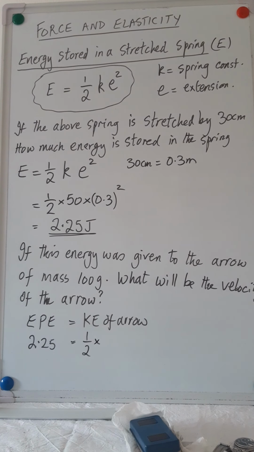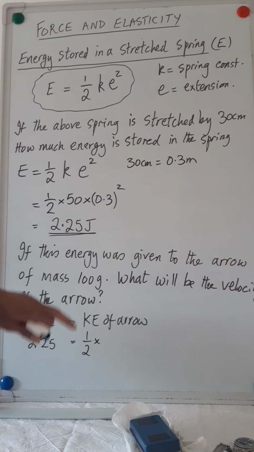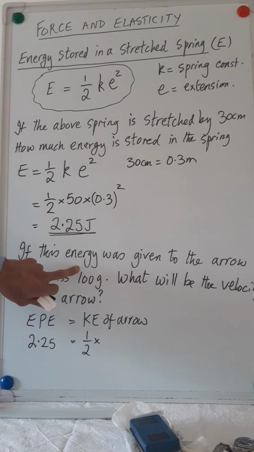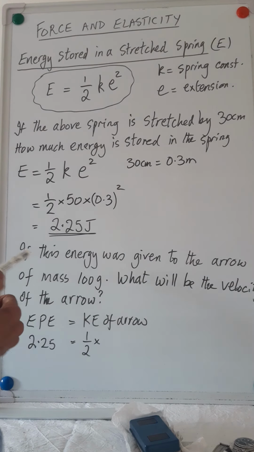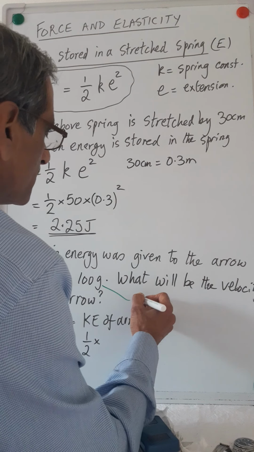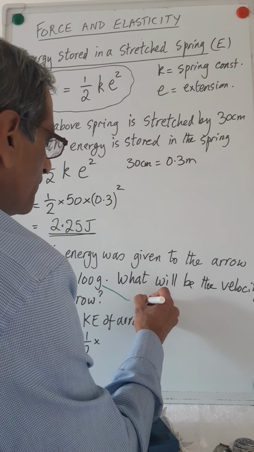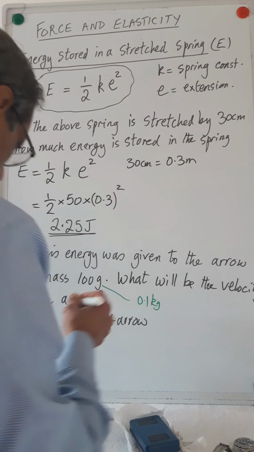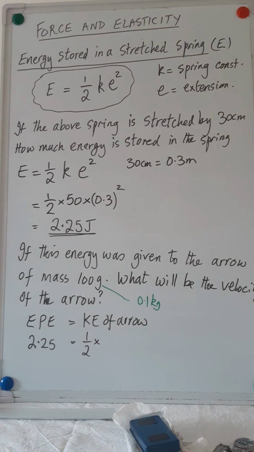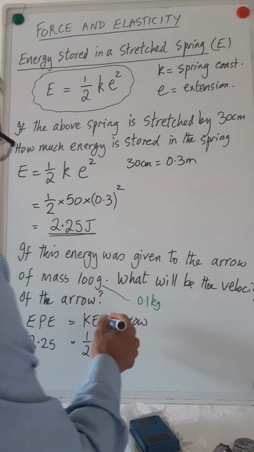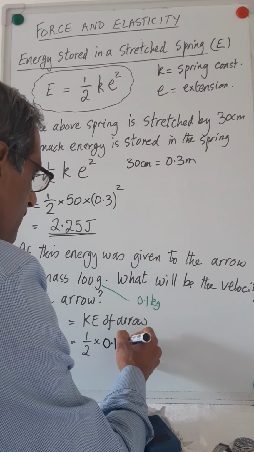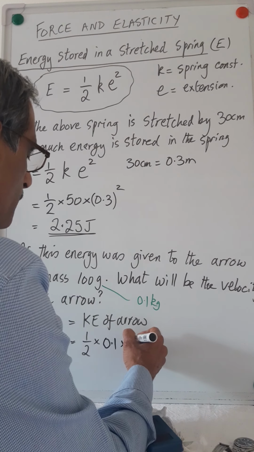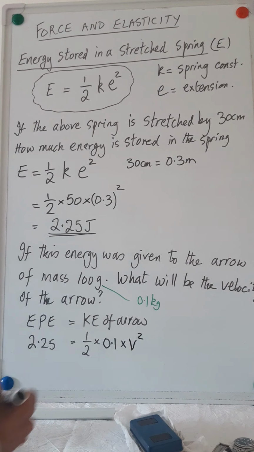Remember, the formula for kinetic energy is half m v squared. The mass has to be in kilograms, so 100 grams divided by 1000 is 0.1 kilogram, and that will give us the velocity in meters per second. So a half times 0.1 times v squared.